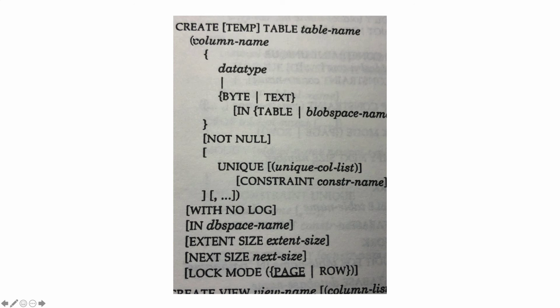And then you're going to have a parentheses, and then you're going to have column names. And you can have multiple column names, which is what this says to you, because again, it's in a square bracket, and so it's optional, and you can have as many of them as you want. So after you say a column name, employee ID, you're going to have a data type, and we'll talk more about data types.